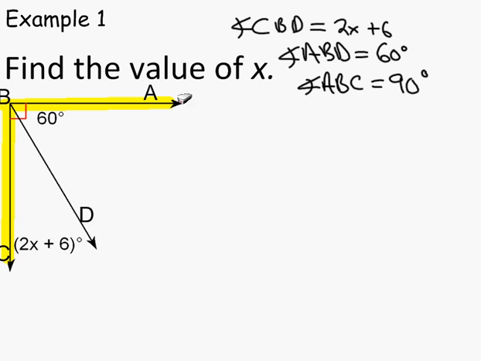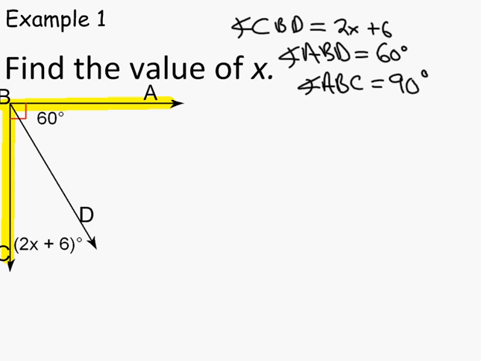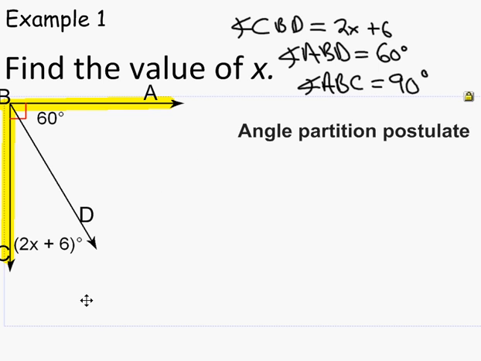Okay, now with that being said, I'm going to give you the angle partition postulate. The angle partition postulate says the whole is equal to the sum of its parts. So it's telling us that the whole, which is angle ABC, is equal to the sum of its parts.